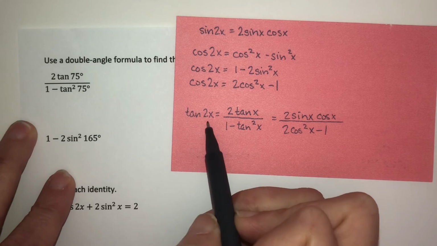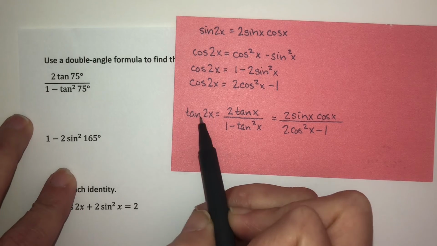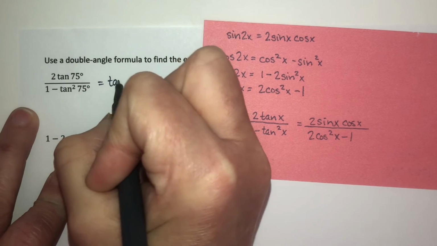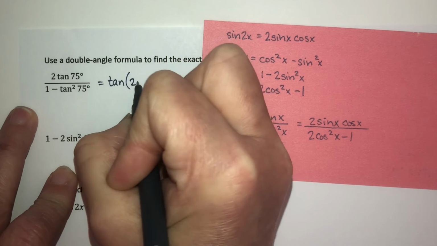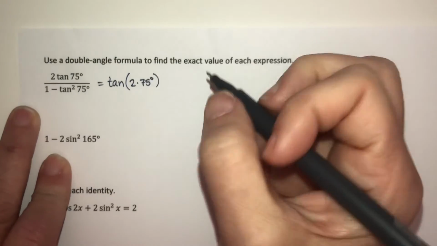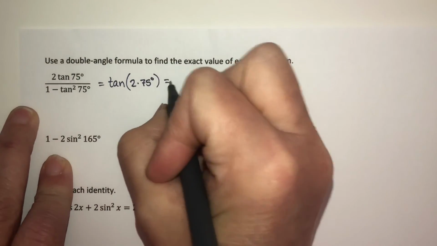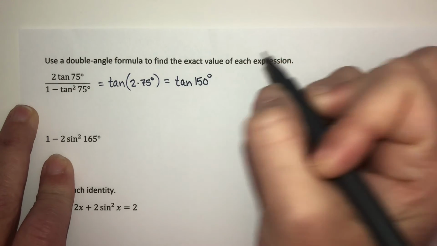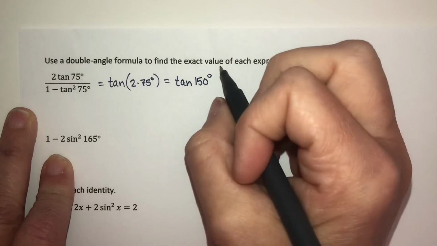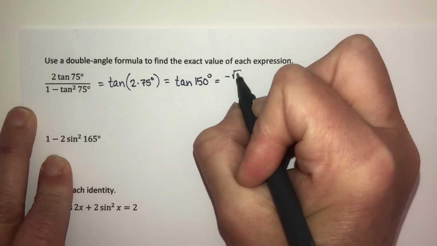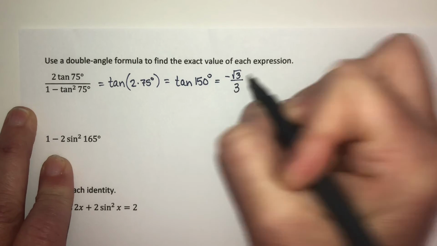So this equals tangent of 2 times 75, which is tangent of 150 degrees. This is one of the angles that we do know. It's on your unit circle, and it is negative square root 3 over 3.